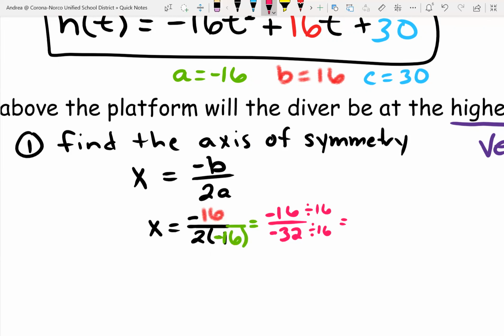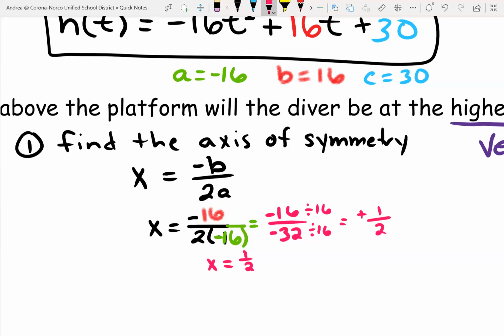And a negative divided by negative makes a positive 1 over 2, 1/2. So the axis of symmetry is x equals 1/2. That is the x value of my vertex. So that means in 1/2 a second is when it's going to reach its maximum. Okay, that's what this is stating.